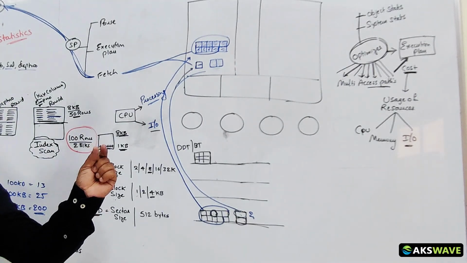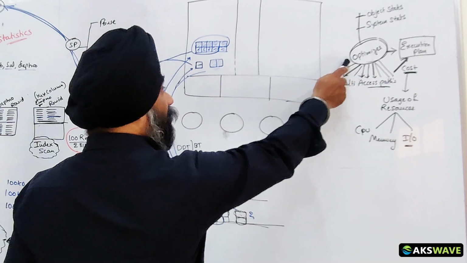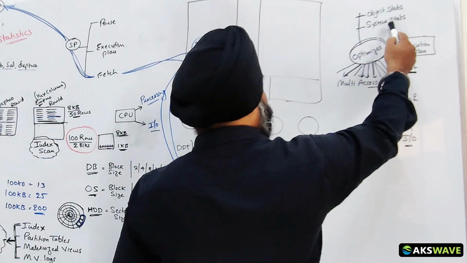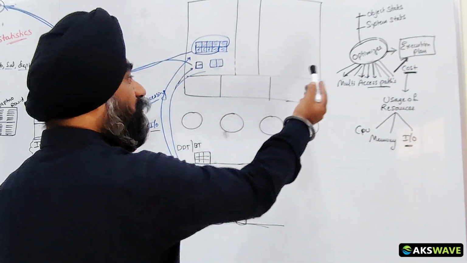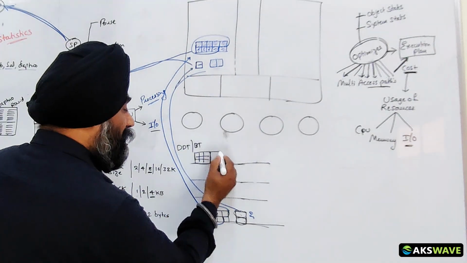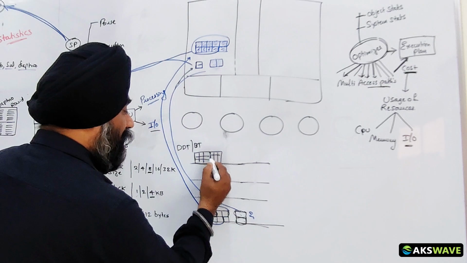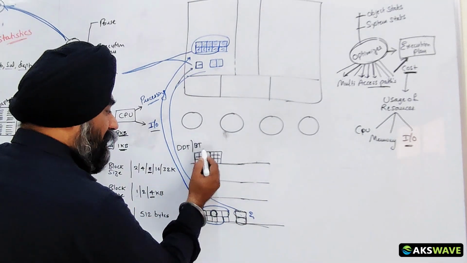Understood? There's something more left here. Let me cover what is missing here. Optimizer uses statistics; with these statistics only it can come up with a better plan. Now where are those statistics in my database? Not on the board. All that information is also stored in data dictionary tables.